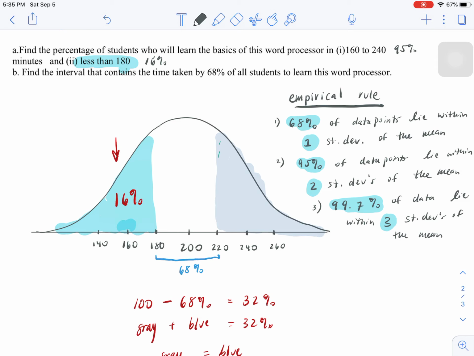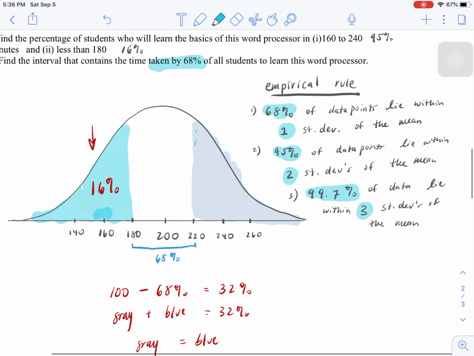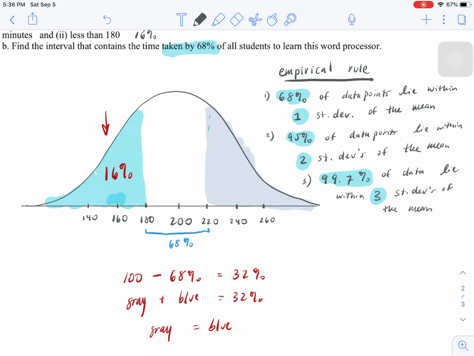Last, part B asks, what's the interval that contains the time taken by 68% of students? Well, this is simply a direct application of the empirical rule. The empirical rule tells me that 68% of data points, that's everything within one standard deviation of the mean, which we identified was this interval right here, from 180 to 220.